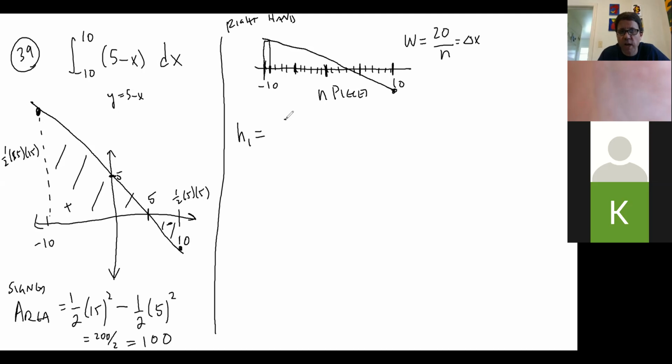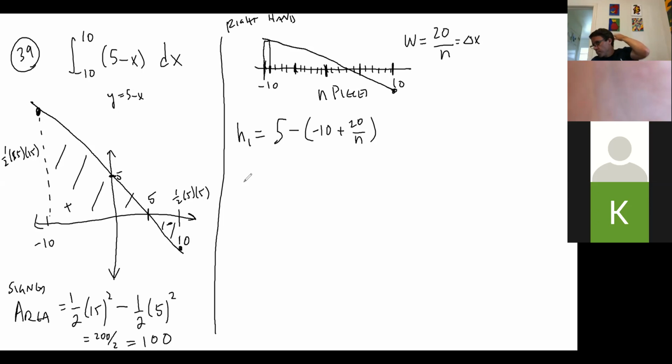So it's going to be 5 minus, and I have to figure out what this point is. I know this point is -10. That's my starting point. If I wanted to go over just a little bit, I start at -10 and add just this much here. So this will be -10 plus 20 over n.